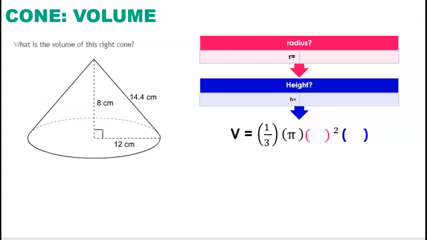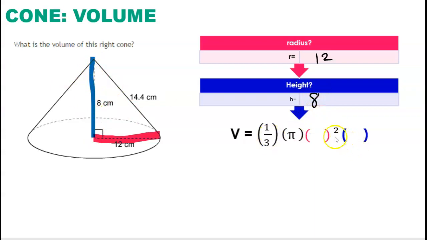Okay, so let's identify where the radius is. The radius is going to be this guy right here. So our radius is going to have a length of 12. And then the height. Where's that height at? The height goes down the middle. So our height is going to be 8.